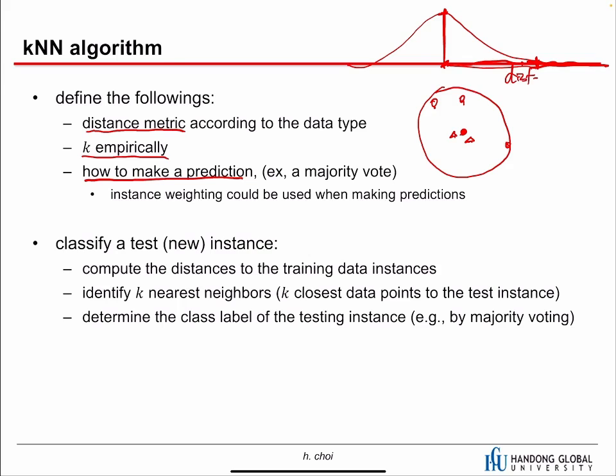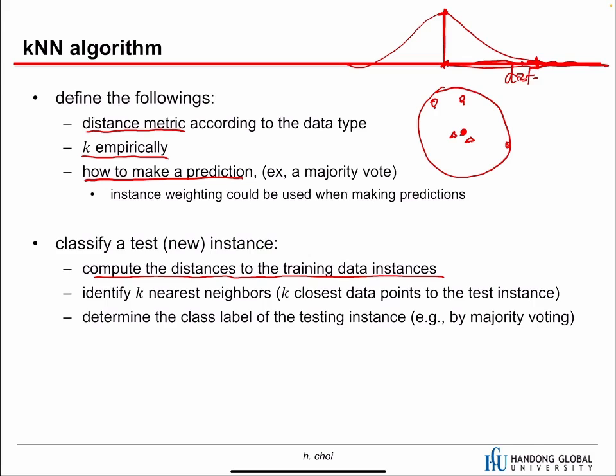With the new test instance, we have to compute the distances to all the training data samples. This is computationally expensive. Think about it: when we have 1 million training data samples, and we have a new sample here, then to classify this new sample, we have to calculate the distance between this new sample and 1 million training samples.